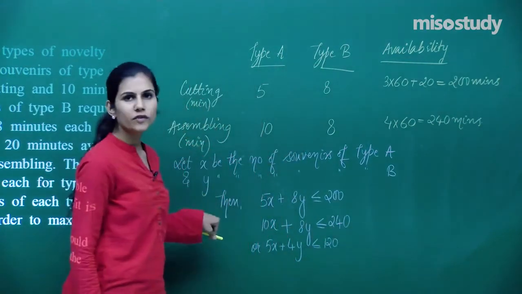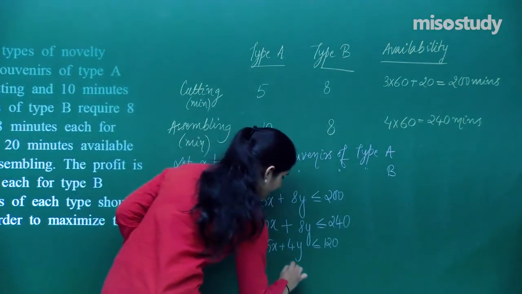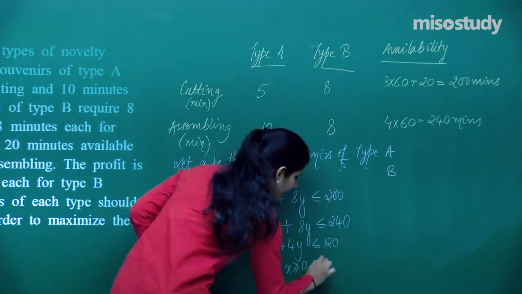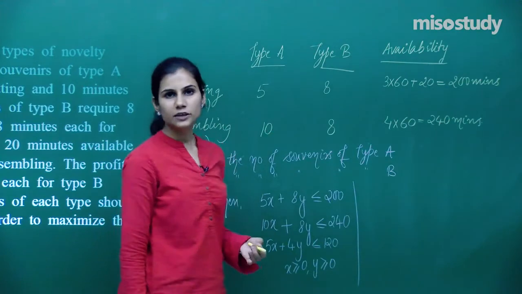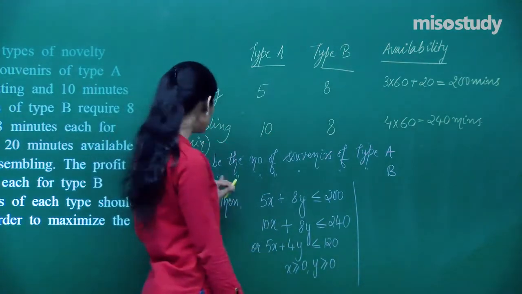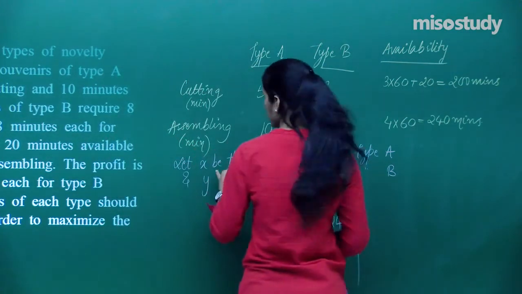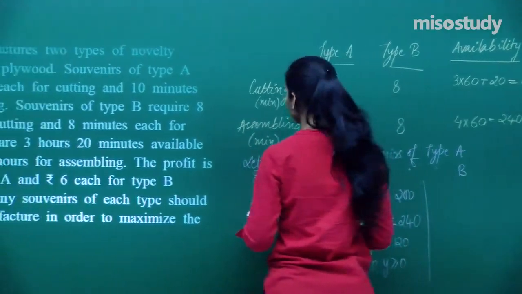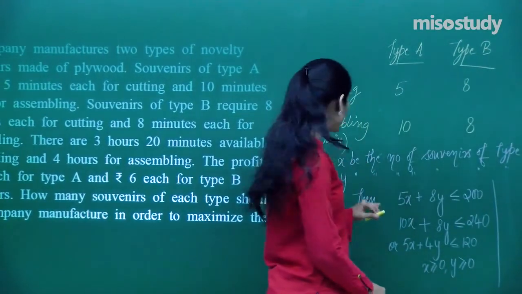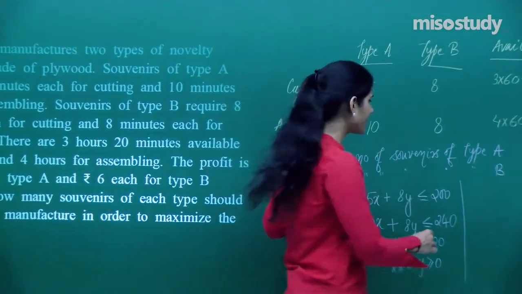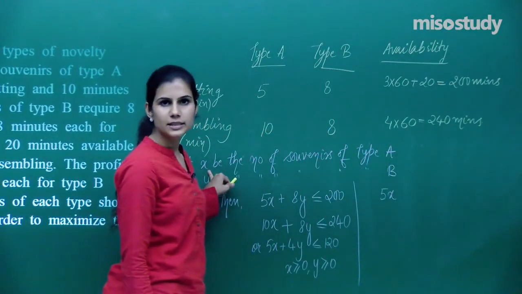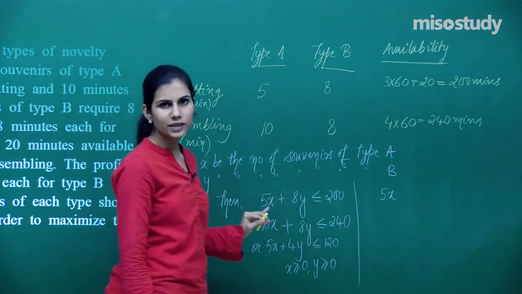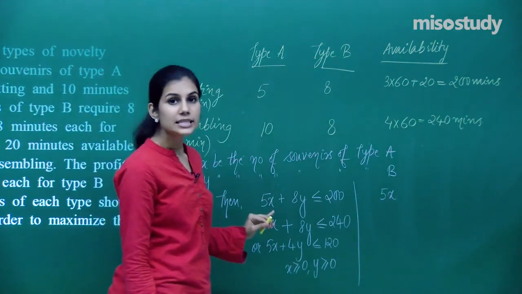Moreover, the number of souvenirs can never be negative, so I have x greater than or equal to 0, y greater than or equal to 0, and my objective function is to maximize the profit. On one souvenir of type A, the manufacturer earns 5 rupees profit. So if he manufactures X souvenirs of type A, he will earn 5x rupees profit. On one souvenir of type B, the manufacturer earns 6 rupees profit.